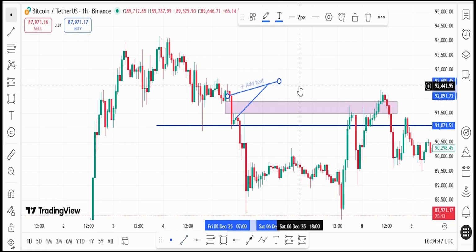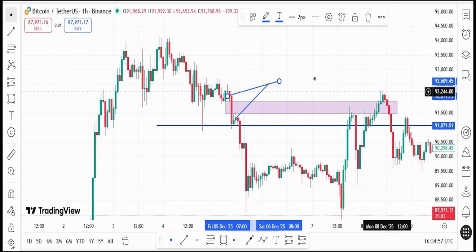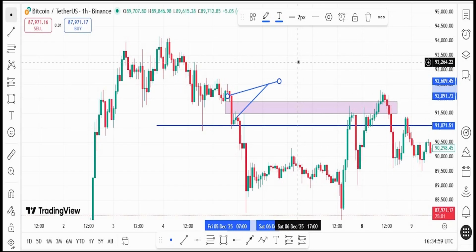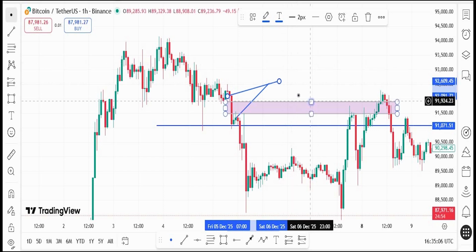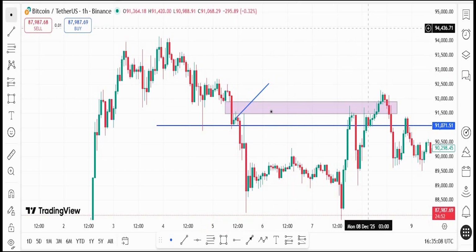So now we are having lots of confluence out here as the market has broken the structure to the downside. We measured the move, we were at the premium area, and then there appeared a fair value gap which is just adjacent to the order block. So we would have taken entries at this point.